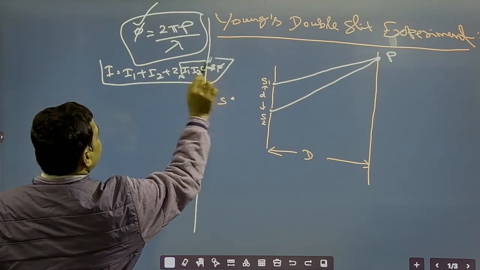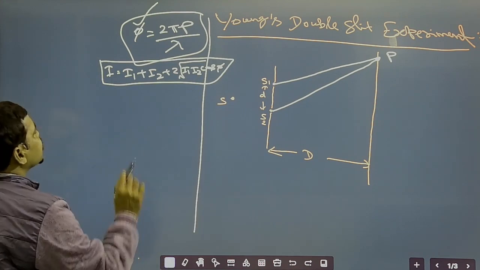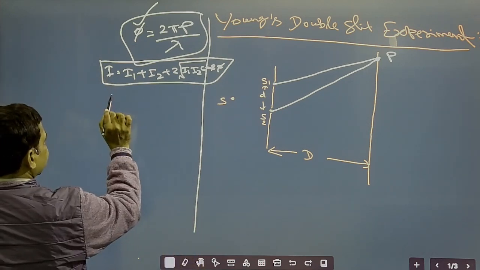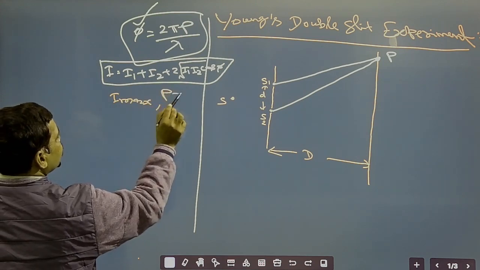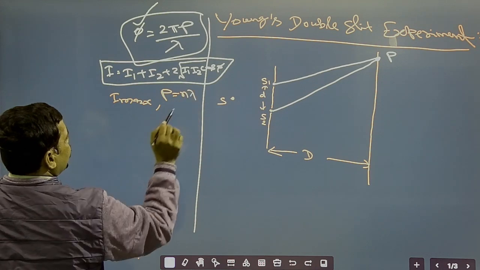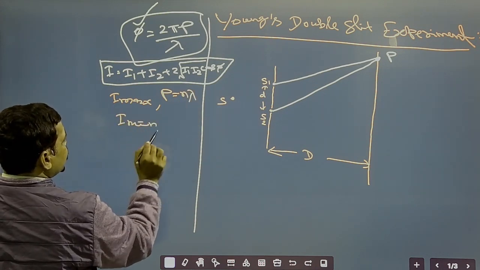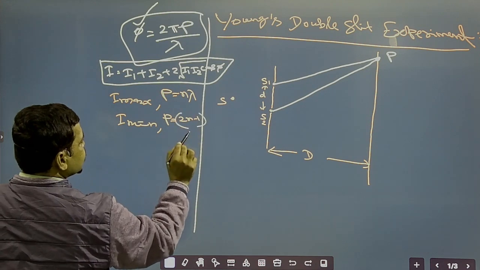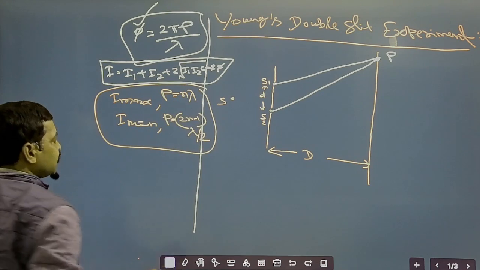This part we already know. And from our previous discussions we know that maximum intensity will be at the point where the path difference is n lambda, right? Similarly, the intensity will be minimum when the path difference is (2n minus 1) lambda by 2. This part we have already covered in our previous discussions.